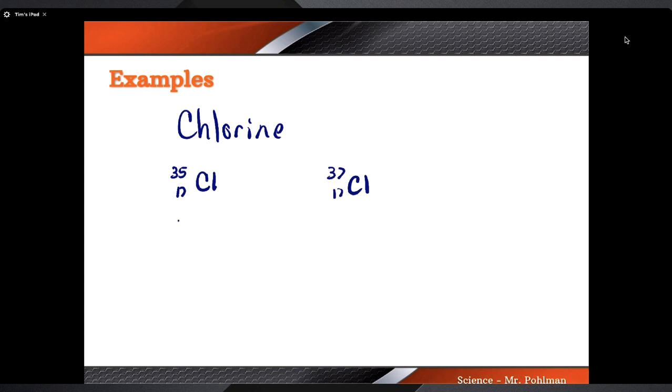So for chlorine 35, another way you could write this out is chlorine 35 or chlorine 37. Here you have 17 protons. We don't know right offhand the number of neutrons, but we do know that the mass of these two added up has to be 35.